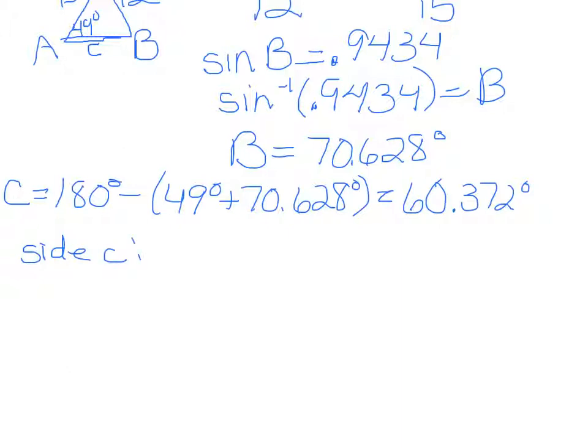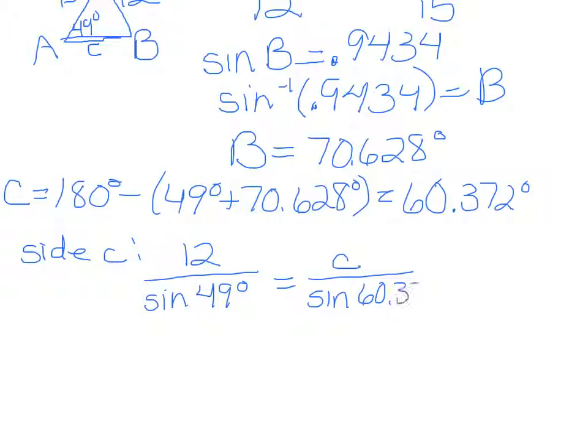The unknown is the side length, so in this case I'm going to put 12 on the top for side A is to the sine of 49 degrees, that's our angle A, as side C is to the sine of angle C, which is 60.372 degrees.